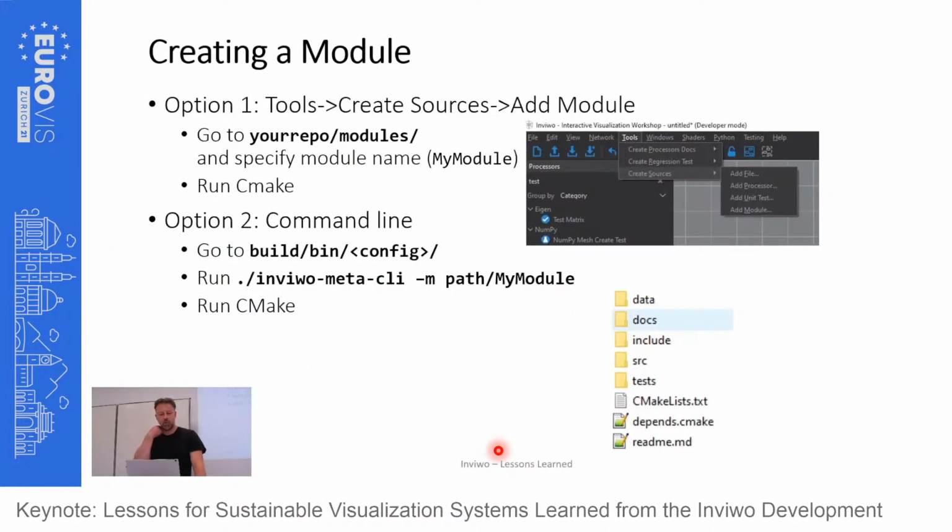We support them also by creating their own modules. They can do this right from the user interface again. So here under tools, you can create your own source and you can add a module, and then you can start working on a lower level, right? So the idea is you have been working on the highest or mid-level, and now you feel like, okay, you want to go into C++, and then you just add your module from a user interface perspective.